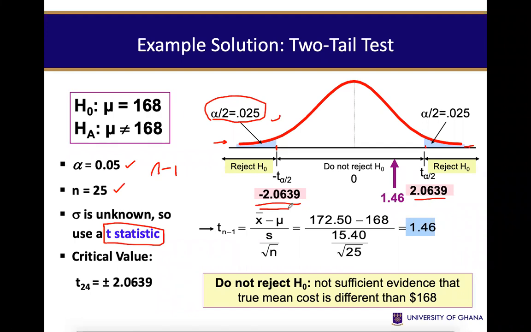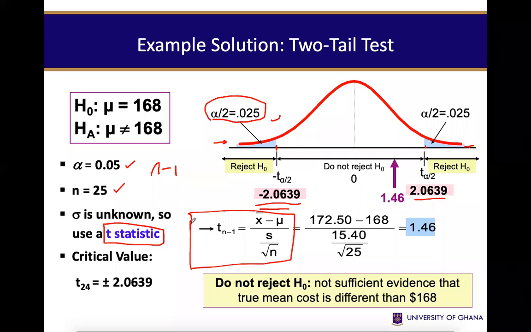Now, the next step that we wanted to look at is to calculate what we call the test statistic. The test statistic is calculated by using this relation. Remember, I mentioned that we are dealing with a situation where population standard deviations are unknown and the sample sizes are small.